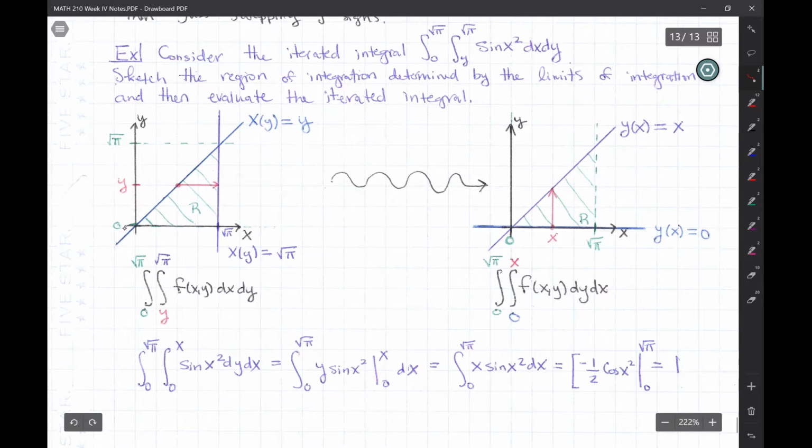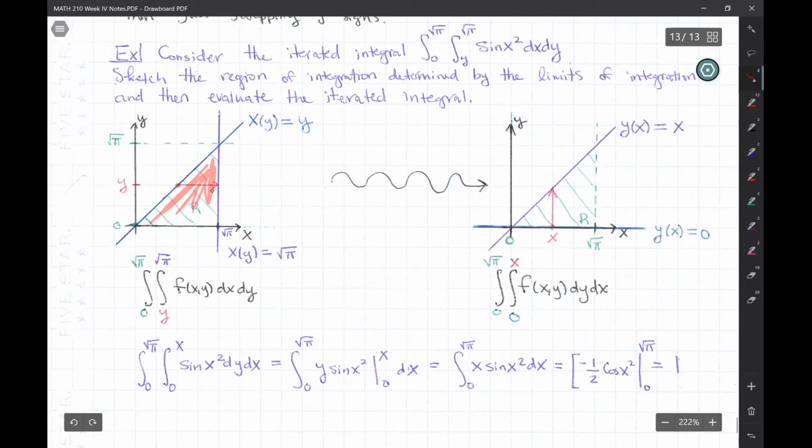So from x equals y to the function x equals the square root of pi, and here's that function there, right? Of y, right? So we integrate from here to here, and we do this from 0 to square root of pi. So how does the region look?